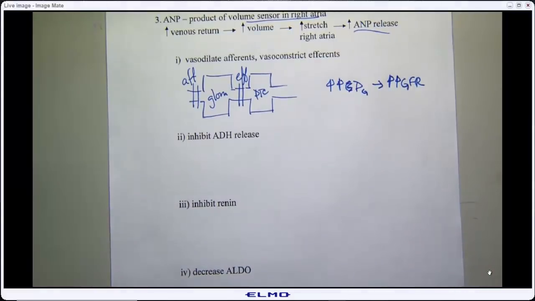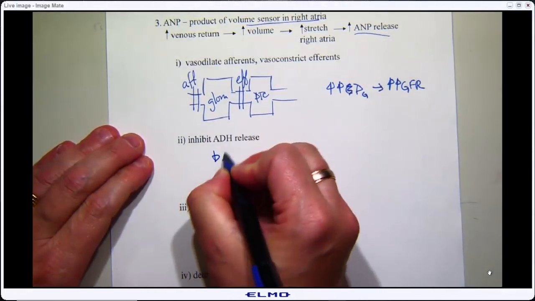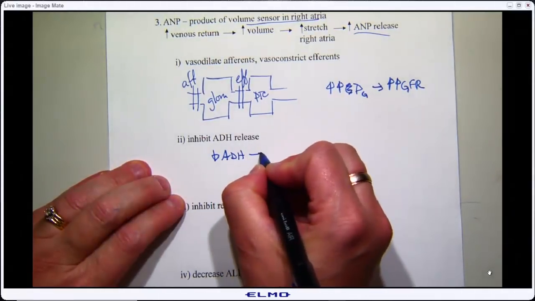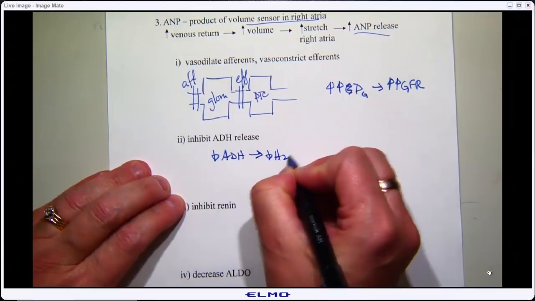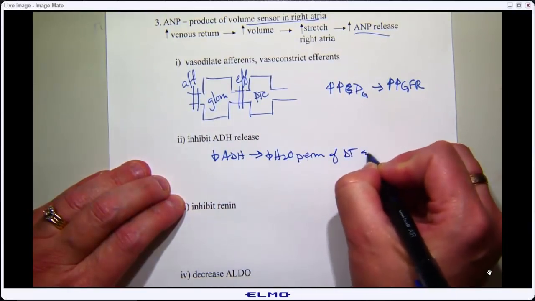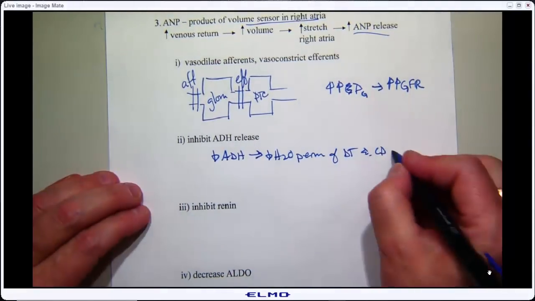On top of that, it messes with the hormones that we've already been talking about. It can decrease ADH, which is going to decrease the permeability of the distal tubule and collecting duct. So just do all the opposite of what we just talked about. We're going to decrease the permeability of the distal tubule and collecting duct.